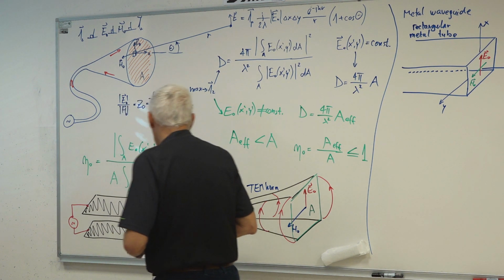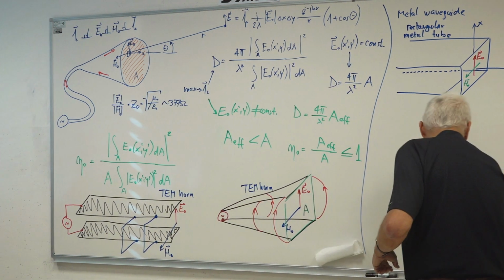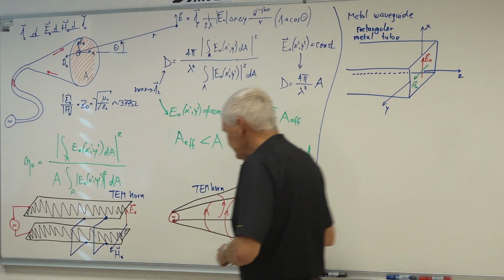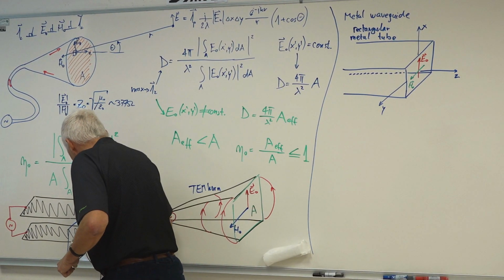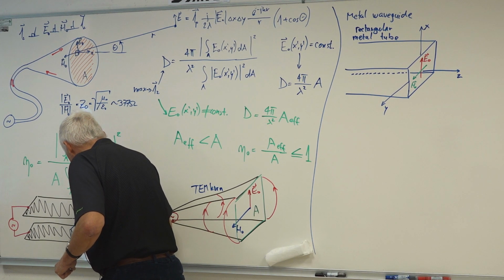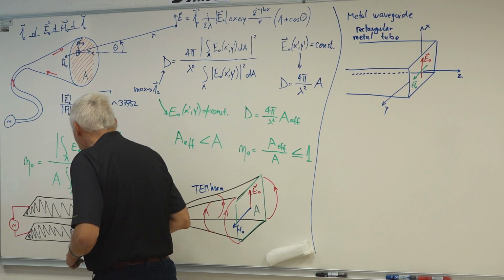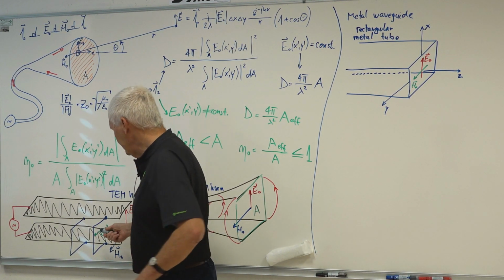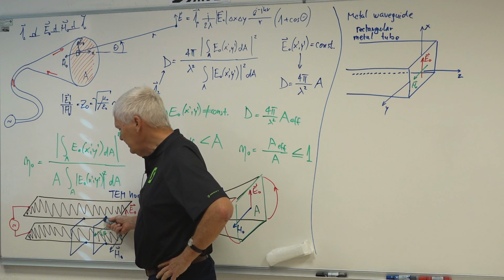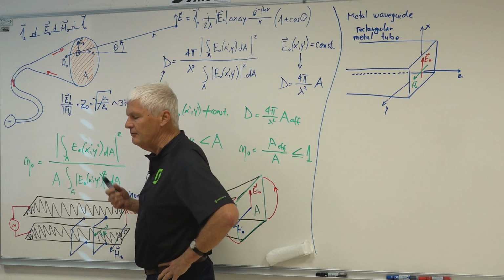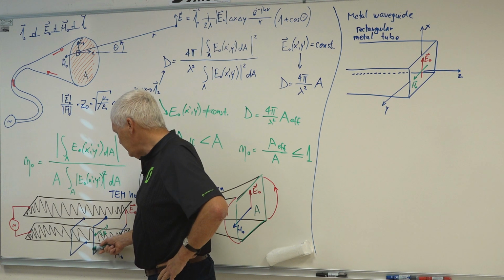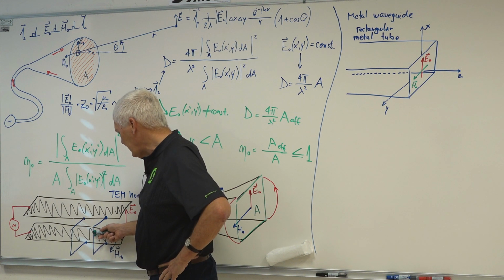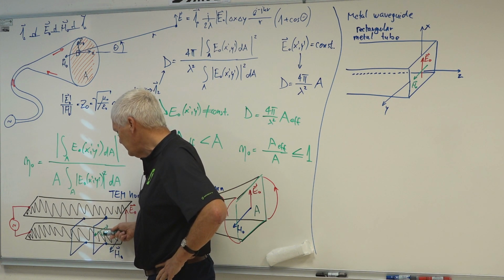If these shorts are a quarter wavelength long, so this is lambda quarter, then a quarter wavelength line is a quarter wavelength transformer that inverts the impedance. Here we have a short. A short after a quarter wavelength is transformed into an open.